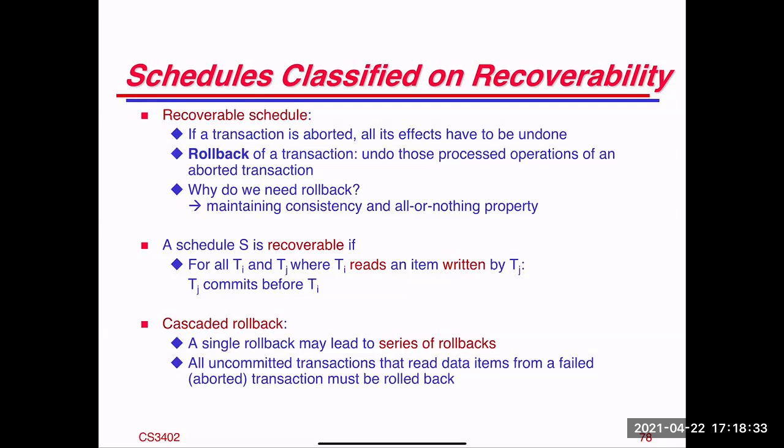Now, schedules can be classified in terms of their recoverability. We had this notion of a recoverable schedule when we have two transactions, Ti and Tj. If Ti reads an item written by Tj, then Tj needs to commit before Ti to make this a recoverable schedule.